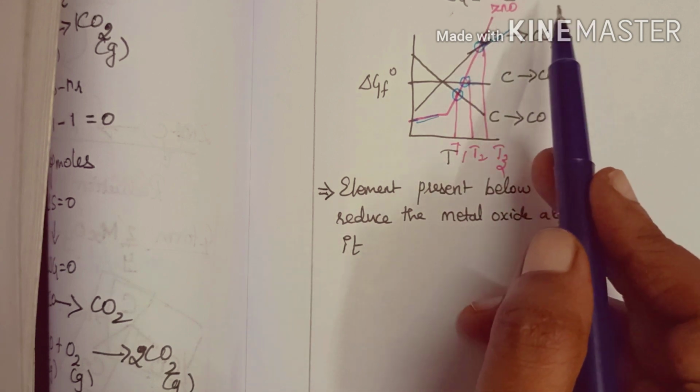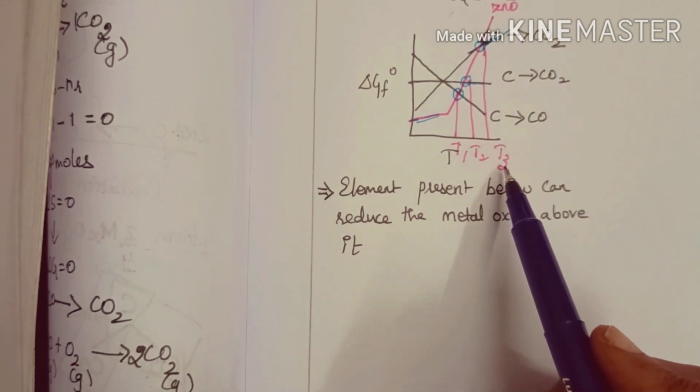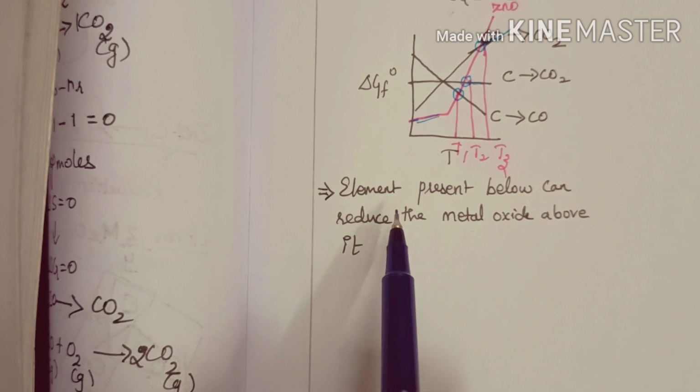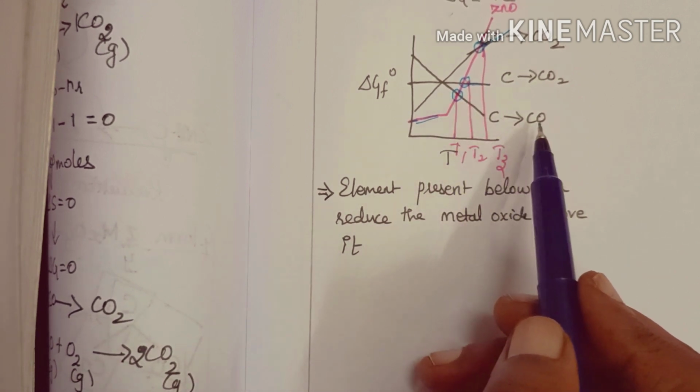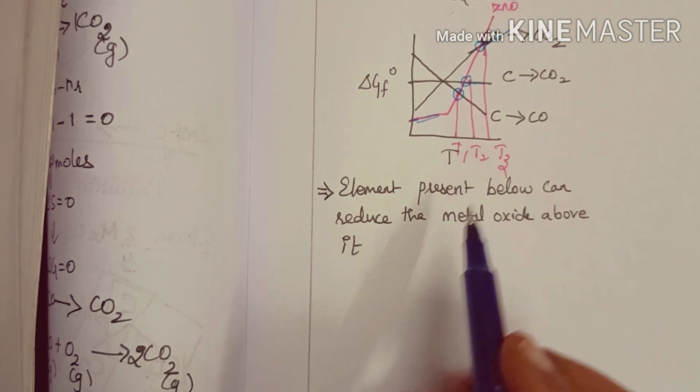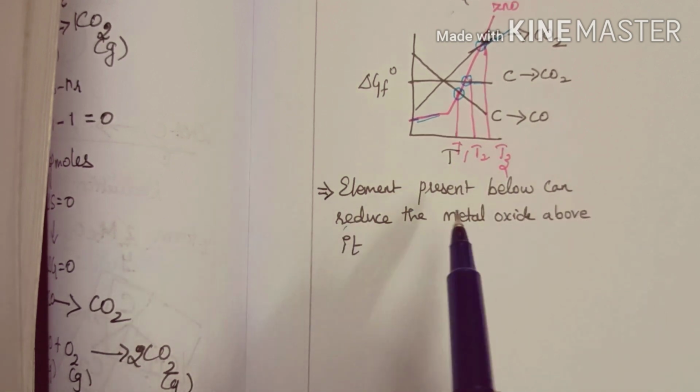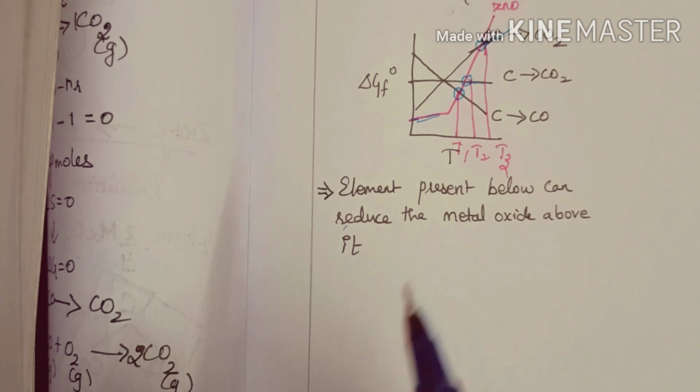So at this temperature, C to CO can reduce at T1. So this is your first point: an element present below can reduce the metal oxide above it.